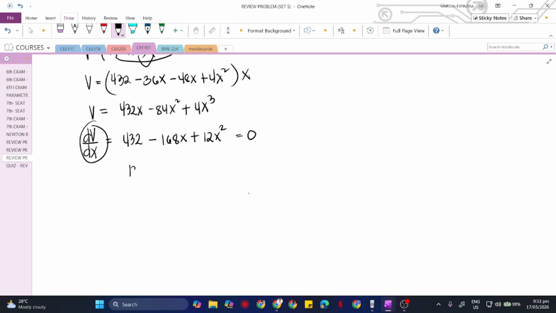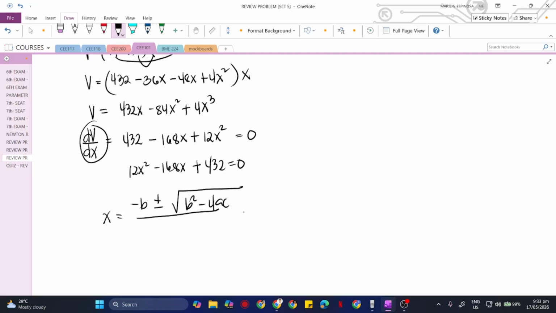So we have here 12x squared. Let me just rearrange this one: 12x squared minus 168x plus 432, equate that to 0. So we can use the quadratic formula for that now: negative b plus or minus the square root of b squared minus 4ac, all over 2a. Let us just substitute.